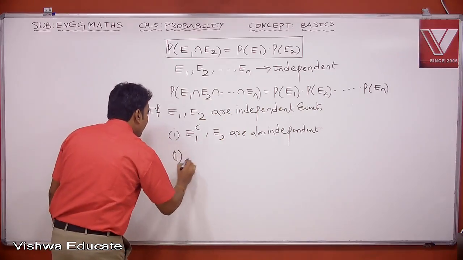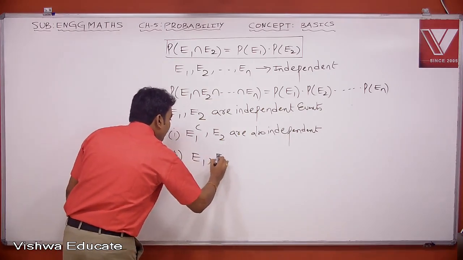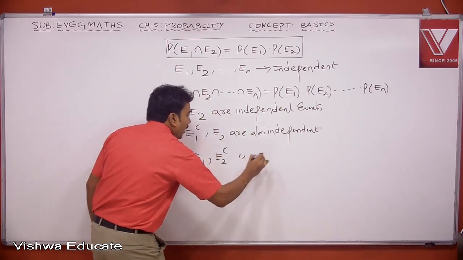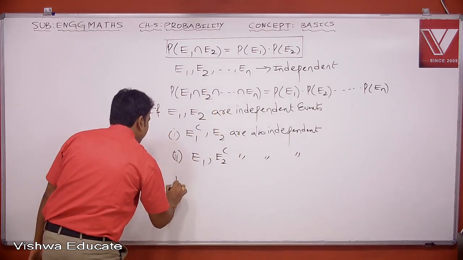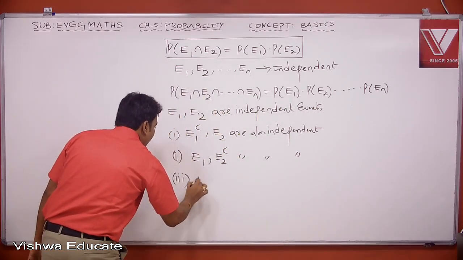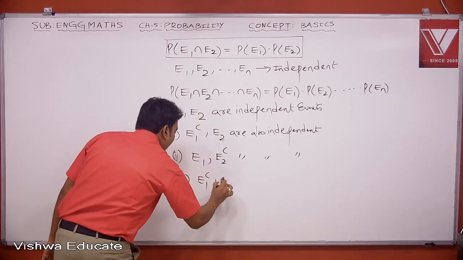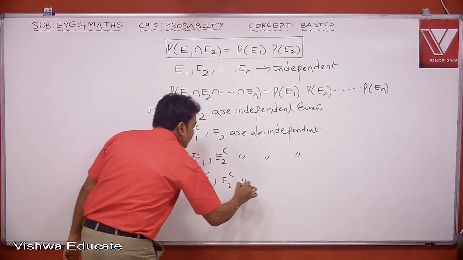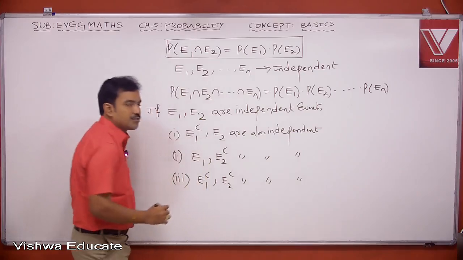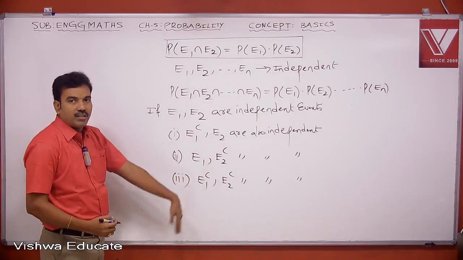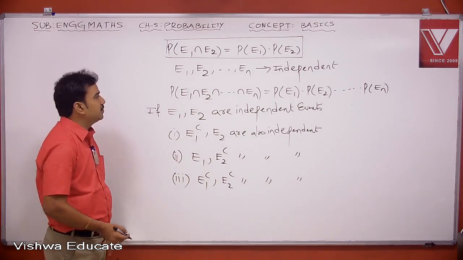Similarly, E1, E2 complement are also independent events. And third comment, E1 complement, E2 complement are also independent events. So let us write all these points, very very important points.